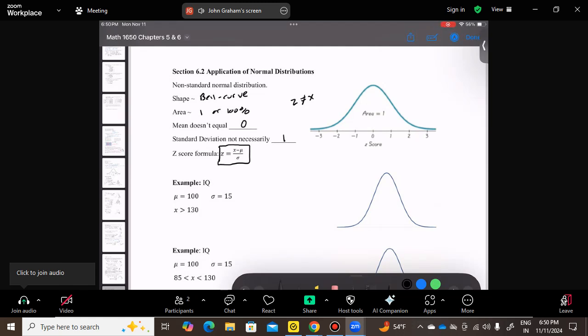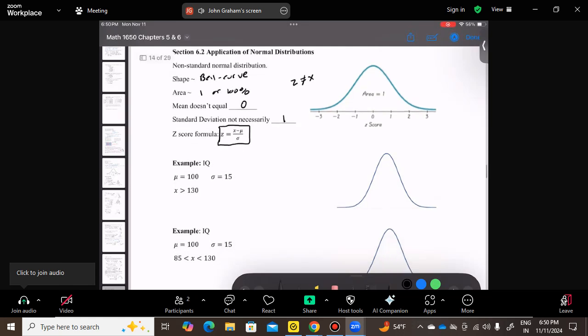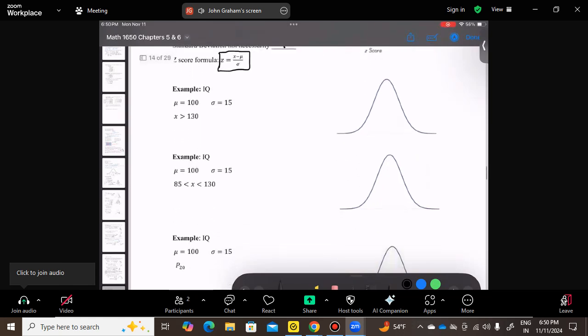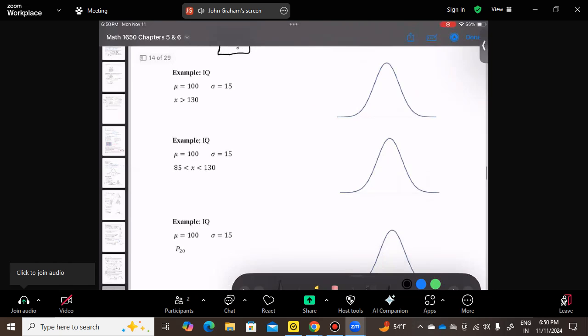Alright, so let's look at an IQ test. The mean is 100, the standard deviation is 15. We want to know the probability of having an IQ score over 130. So let's see what z equals for 130. 130 minus 100 over 15 is 30 over 15, which equals 2.